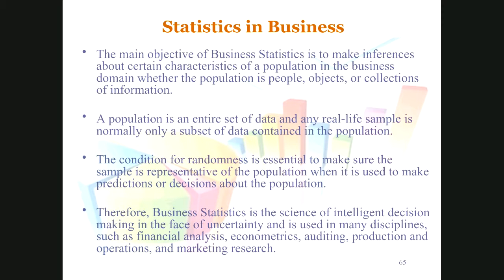So the main objective of business statistics is to make inferences about certain characteristics of a population in the business domain, whether the population is people, objects, or collections of information. Remember, it's all data. So you may do a survey, and you may see males have a preference for a certain type of shoe or something. You're working at a marketing company.